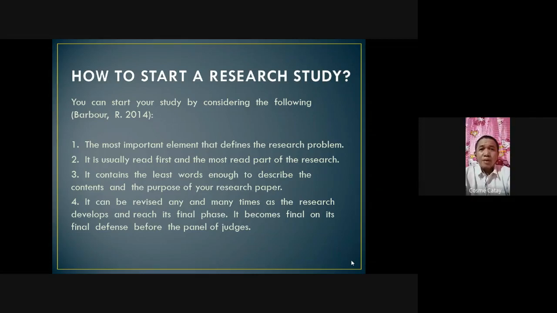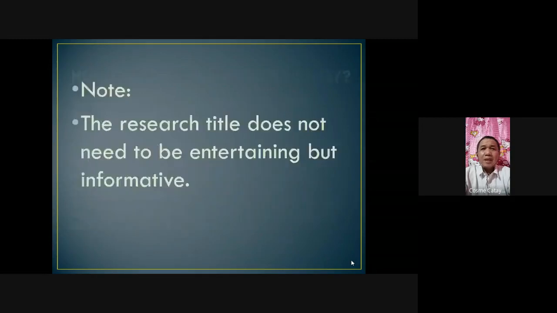Number four, it can be revised as many times as the research develops and reaches its final phase. It becomes final on its final defense before the panel of judges. Note, the research title does not need to be entertaining but informative.